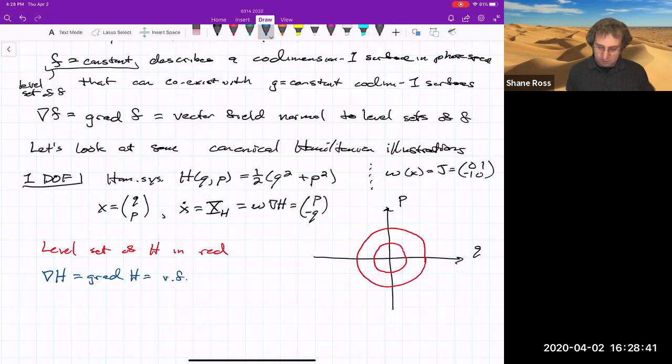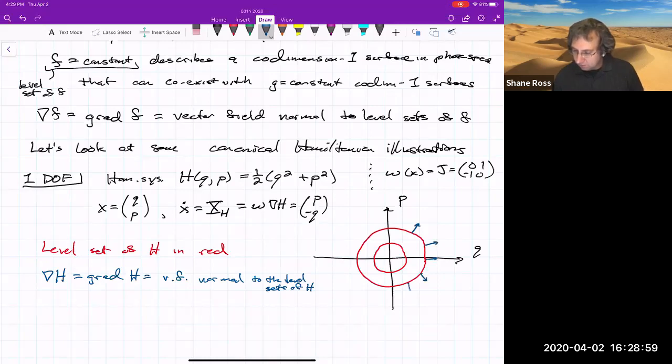This is a vector field normal to the level sets of H. So I'm writing this in blue, right? It's just radially outward. Sorry, the gradient vector field.